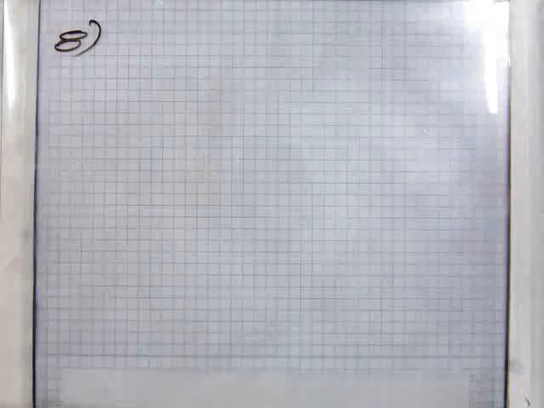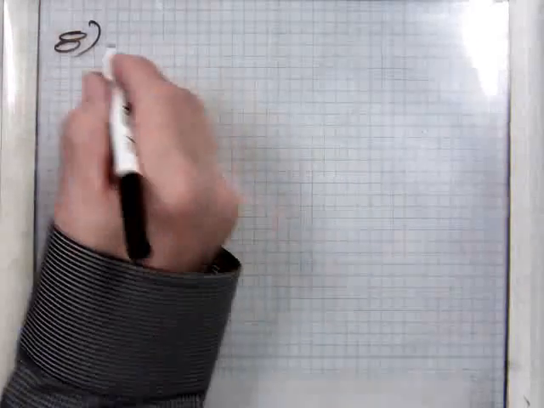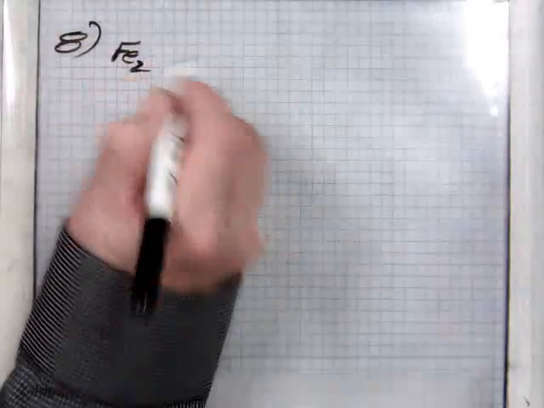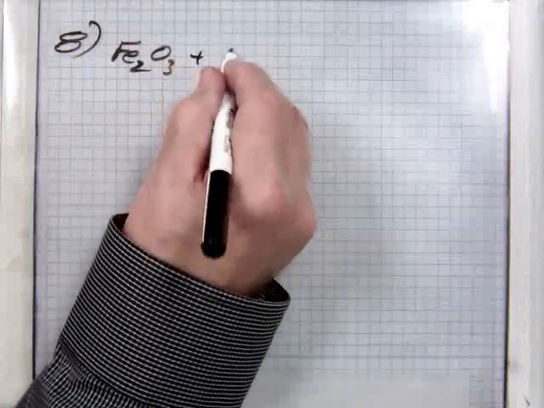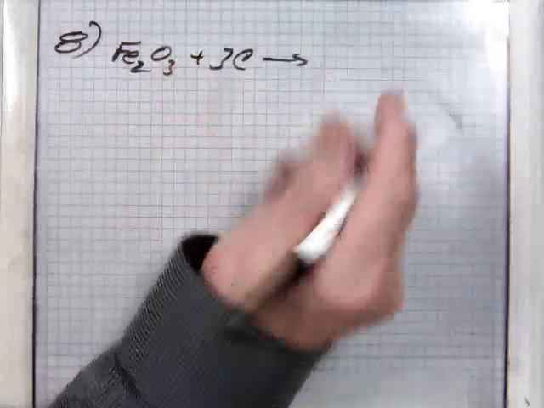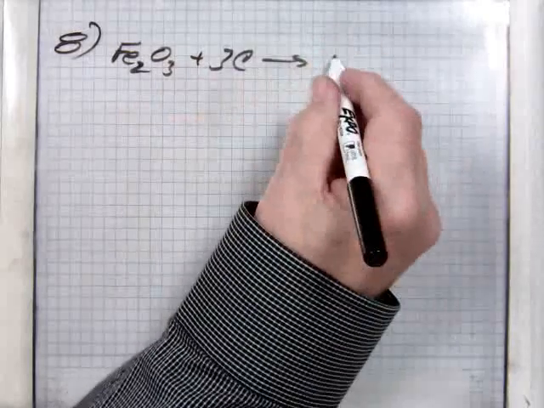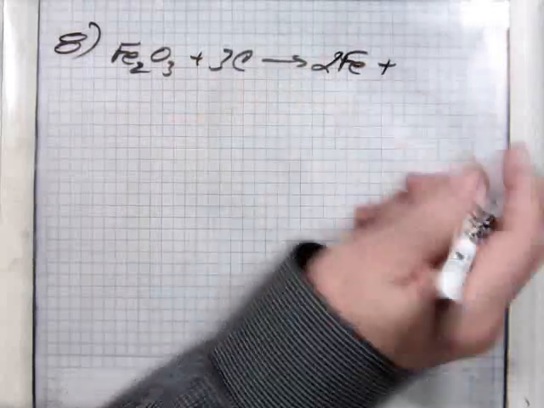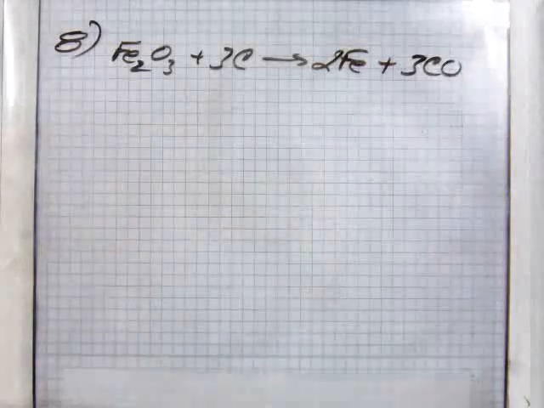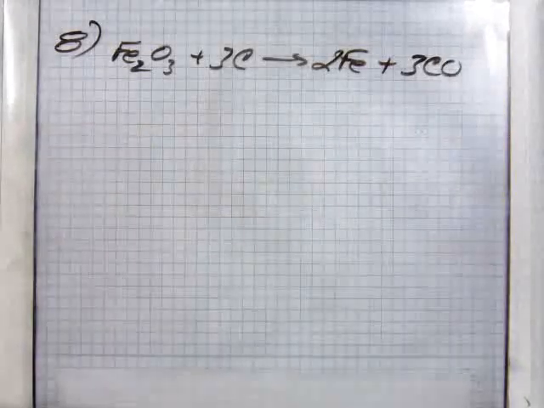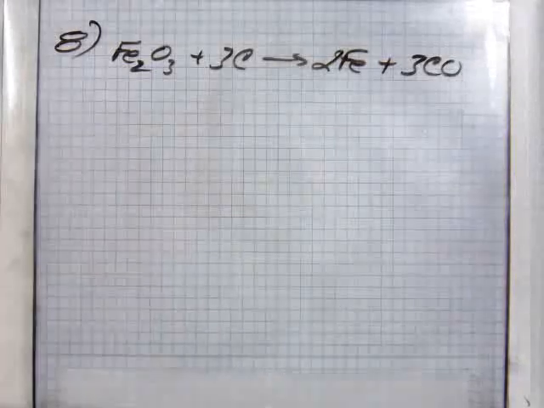Let's see. I see the equation down here. And that's Fe2O3, good old rust, plus 3 carbons, and that will go to 2 irons and 3 carbon monoxides. Now you start writing out your equation, make sure it's balanced, so you know that's the standard operating procedure anyway.